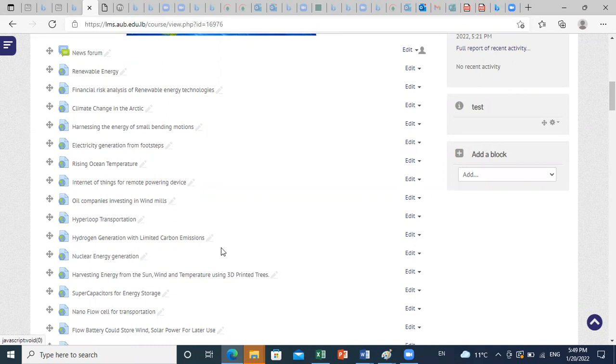Please try to form groups of 2 persons and select your topic as soon as possible, because in this way you will have more time to work on your project. After maybe 1 month or 1 month and a half, we'll start the project presentations for each group.